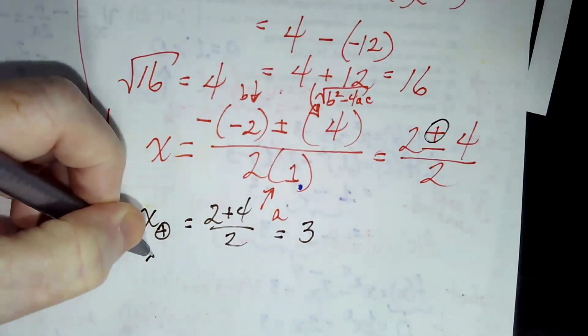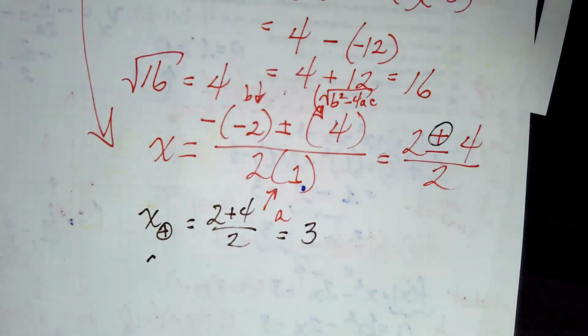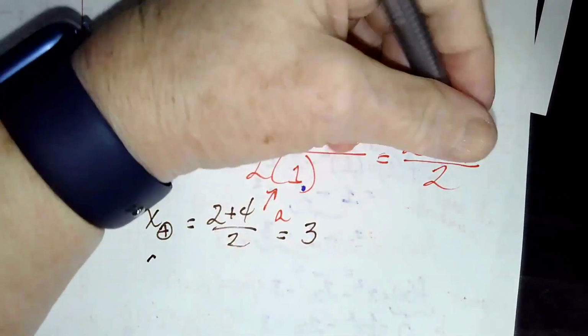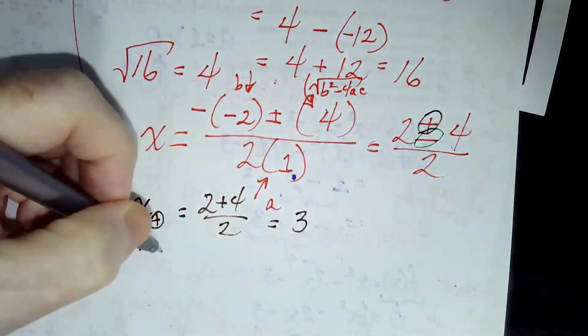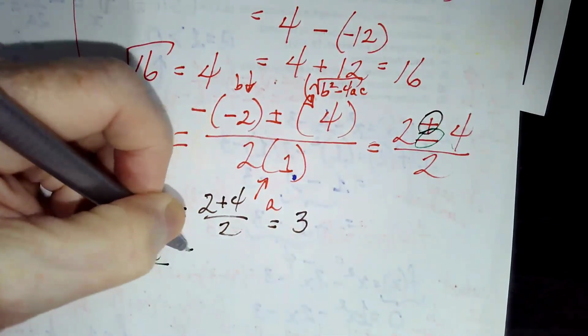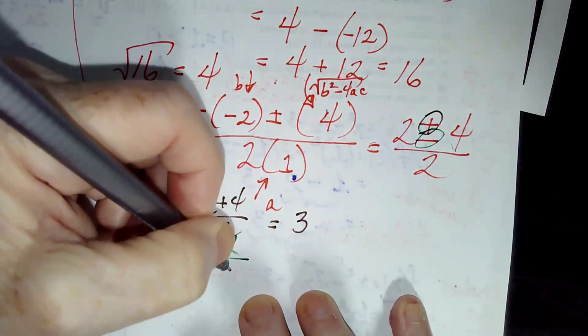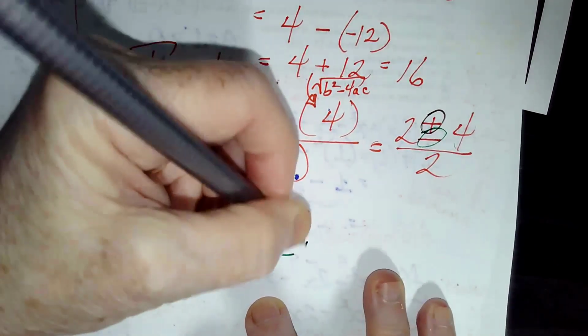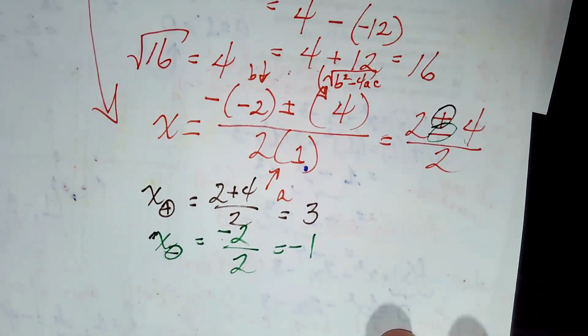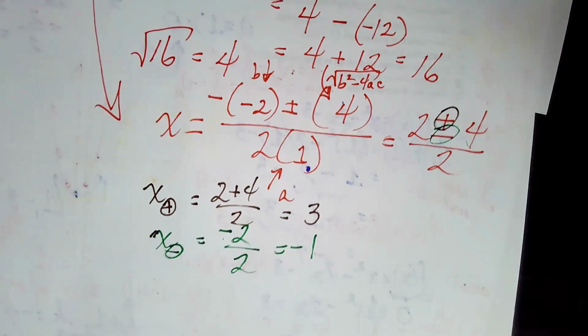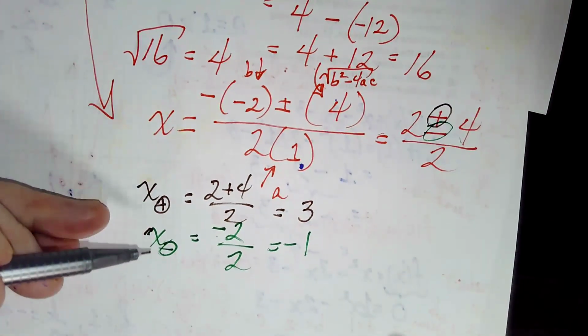Beautiful. And using -2 divided by 2, which equals -1. Beautiful. And what y value goes with these numbers?